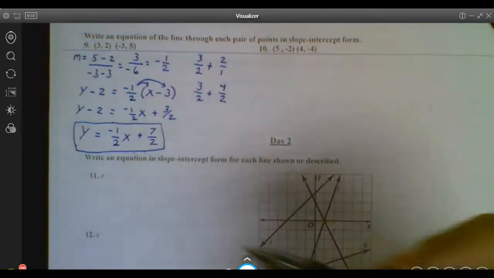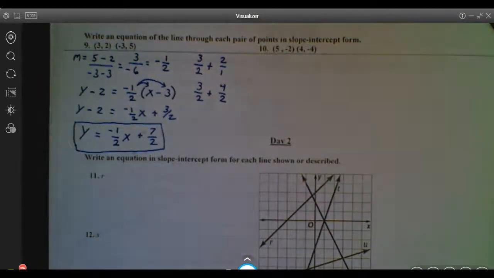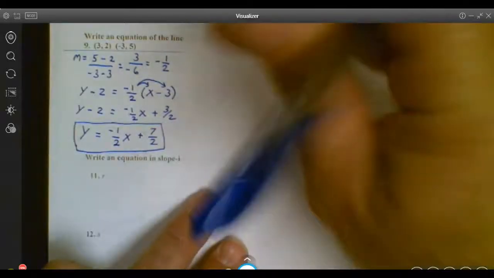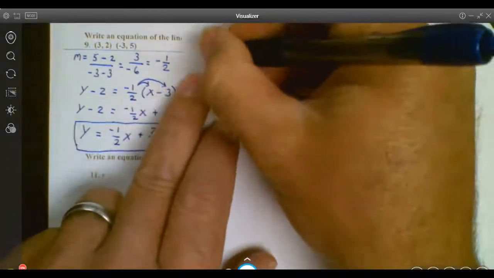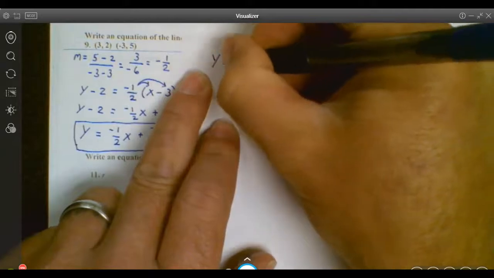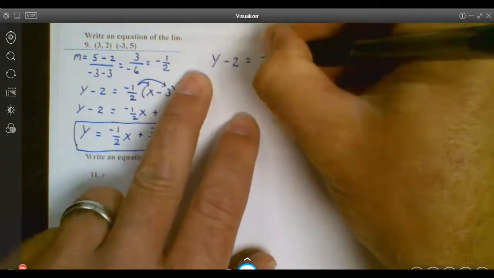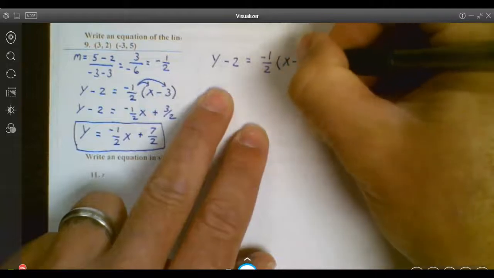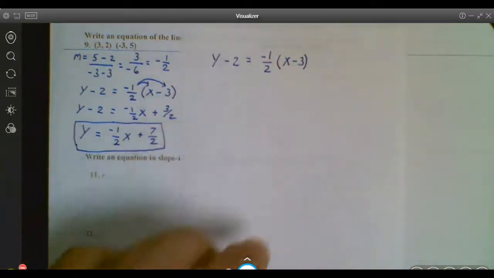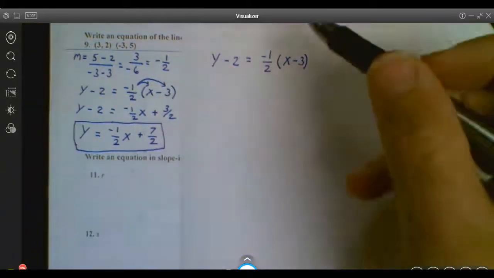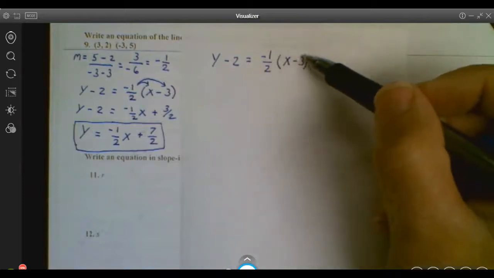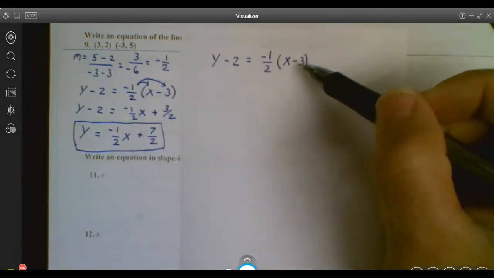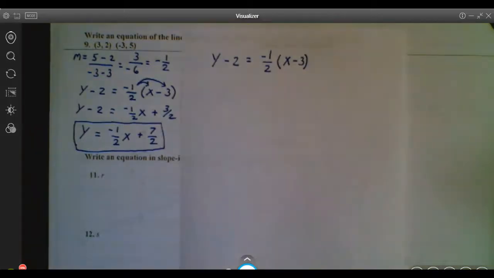Here's what you could have done. Just an option. You don't have to do it this way, but I wanted to give you another possible path here. Let me back up to this line right here, when I had my point slope, which looks like this. One thing that you could do on this is, instead of distributing the fraction, because you might look at this and say, uh-oh, if I distribute, I'm going to have 3 over 2.